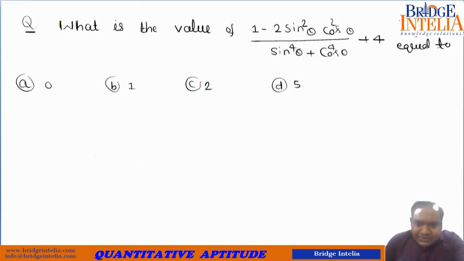So this is a very good question. So what is the value of 1 minus 2 sine square theta cos square theta divided by sine to the power 4 theta plus cos to the power 4 theta plus 4 equal to? See, there are two approaches. So one good old approach is that you take any value of theta and substitute it, any value for which you remember what is sine theta equal to, what is cos theta equal to.